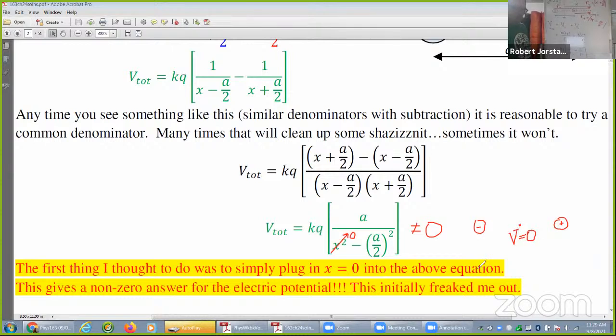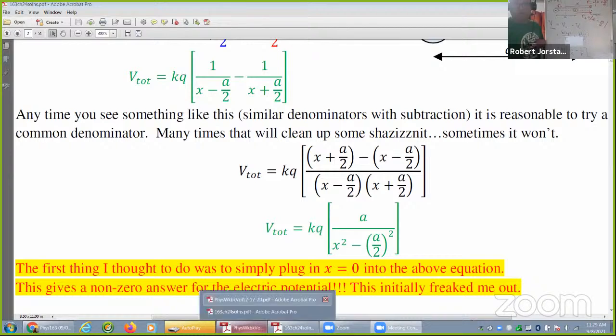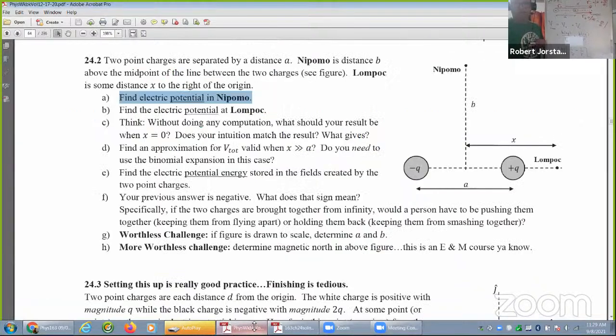So this is something I discovered. And the issue is, if X is less than A over 2, you need those absolute value signs. So I just wanted to point out, it's very easy to believe your equations are correct, and then they're only valid for certain ranges. I'm trying to point out something I worry about you guys doing, and this is it.